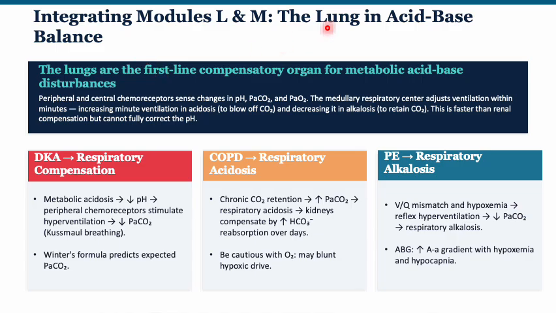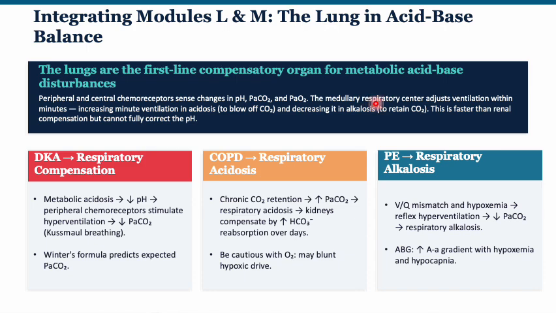So how do we pull all this together? The lungs are the first-line compensatory organ for metabolic acid-base disturbances. Peripheral and central chemoreceptors can sense changes in the pH, PaCO2, and PaO2.